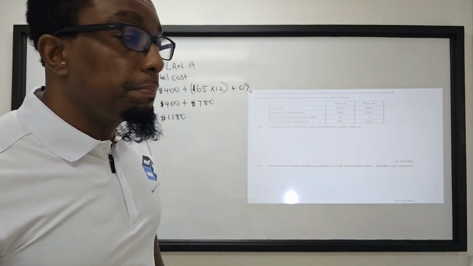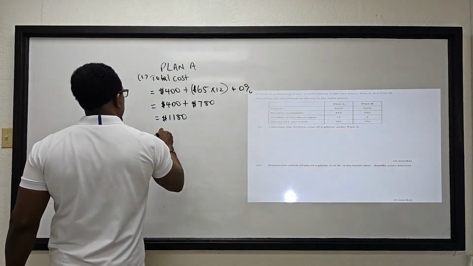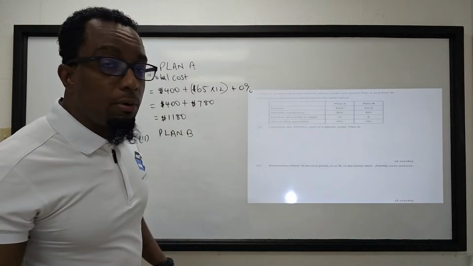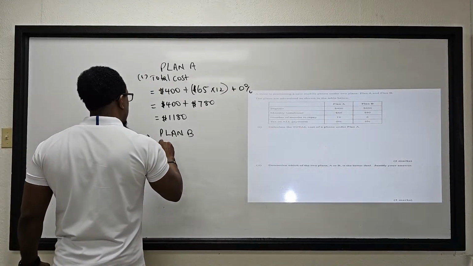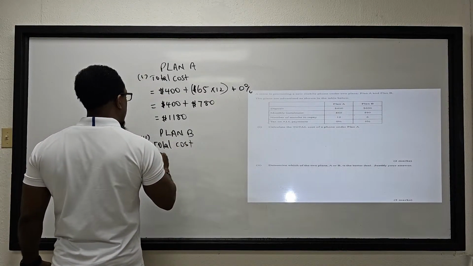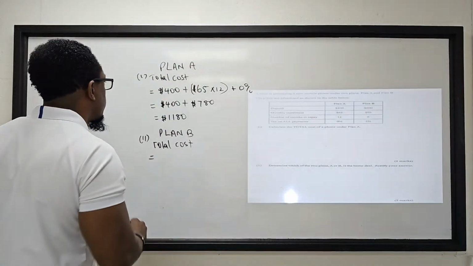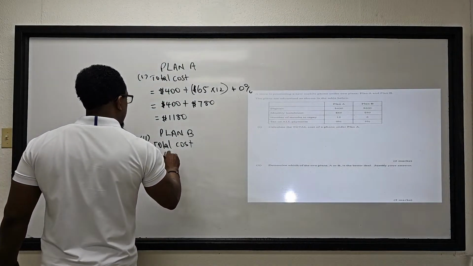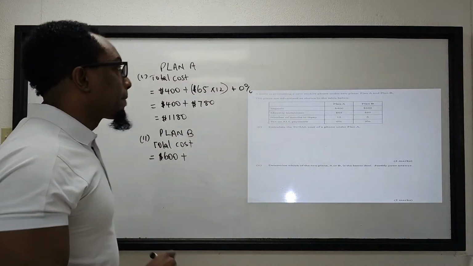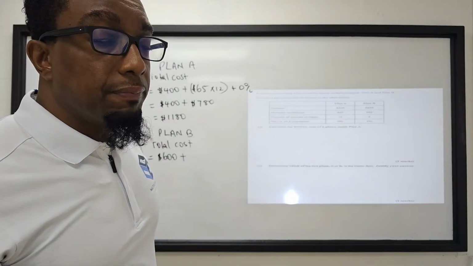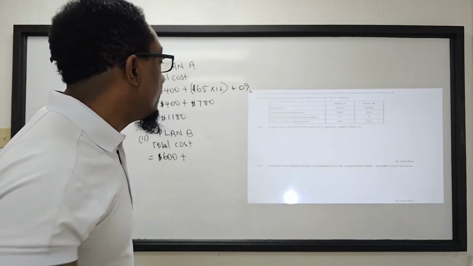So let's work out plan B. Again, the total cost will be equal to your deposit of $600 plus the monthly installment of $80, but for 6 months, so it will be 6 by 80.